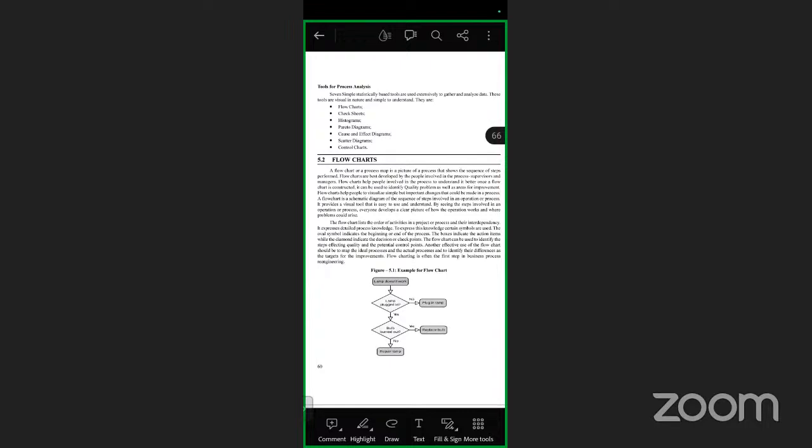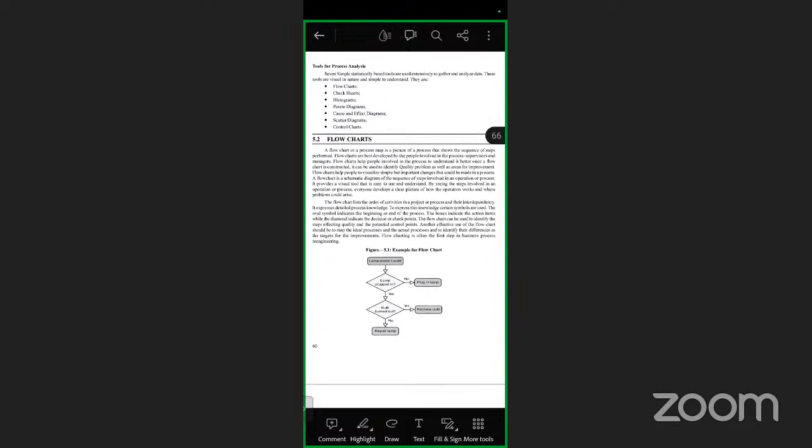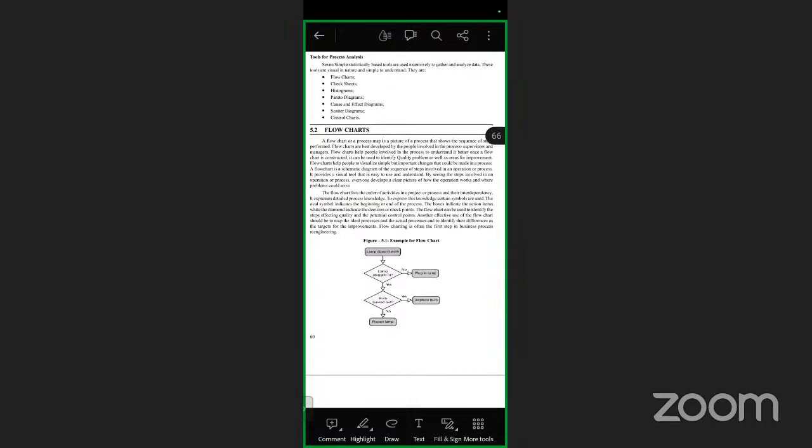To express detailed process knowledge, certain symbols are used: a diamond indicates the decision. Diamond is nothing but decision. We'll have the end of the process, and boxes indicating the action item, while the diamond indicates the decision check or checkpoint.